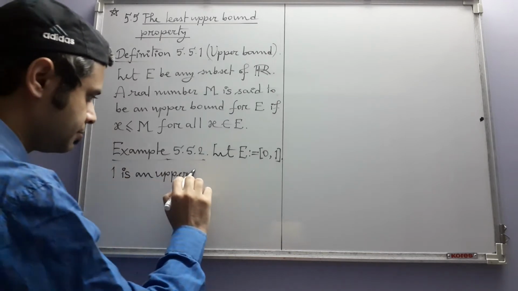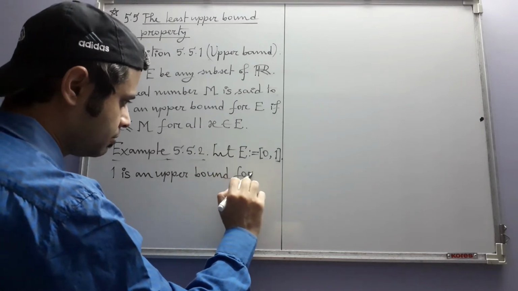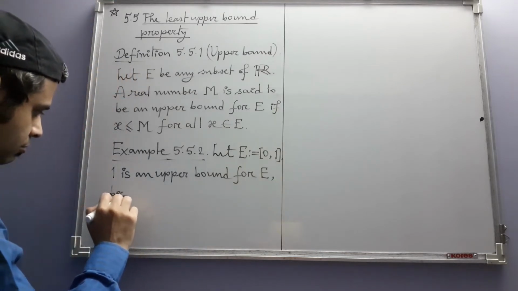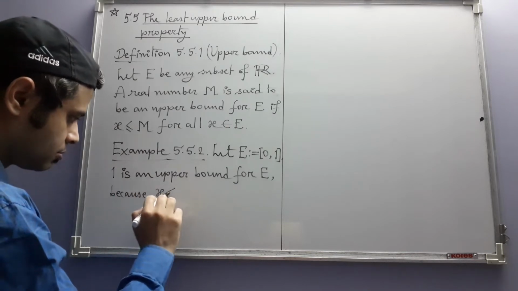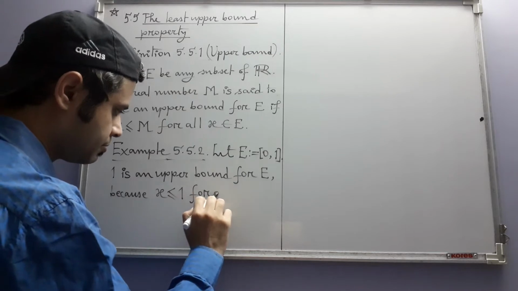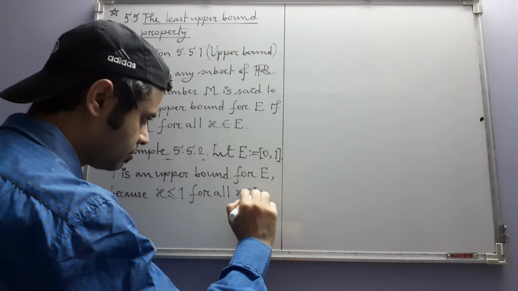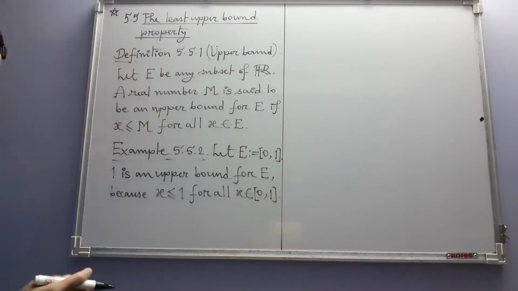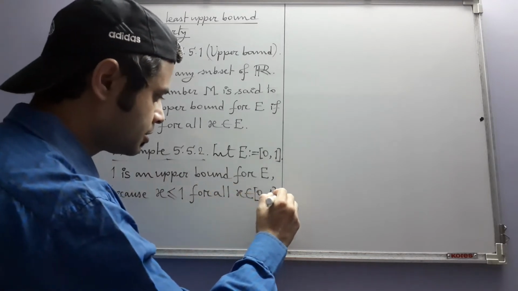One is an upper bound for E because x is less than or equal to 1 for all x belonging to [0, 1]. Of course, it's also true that x is greater than or equal to 0, but we don't need that.